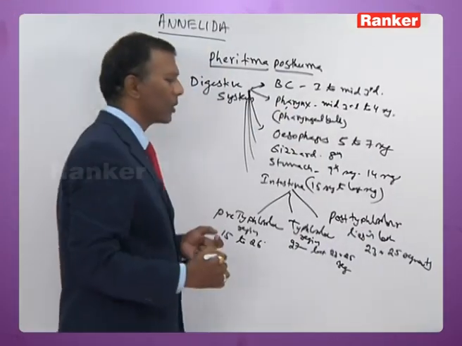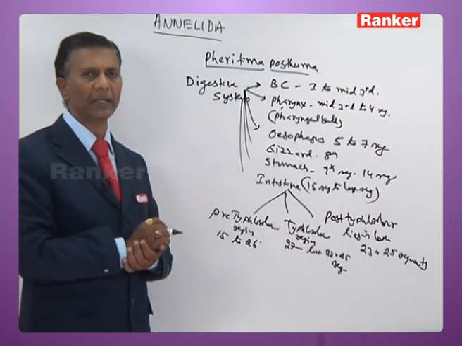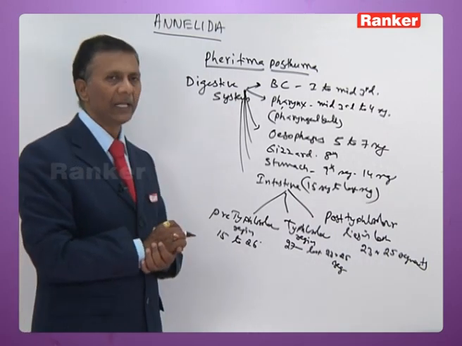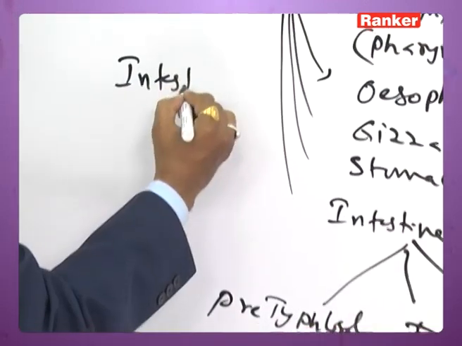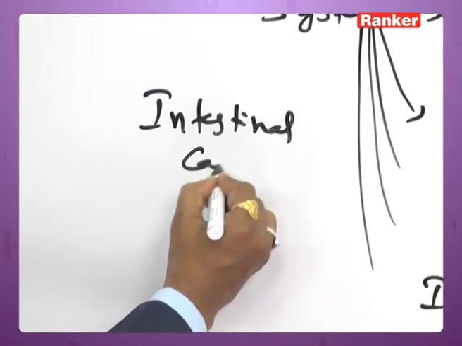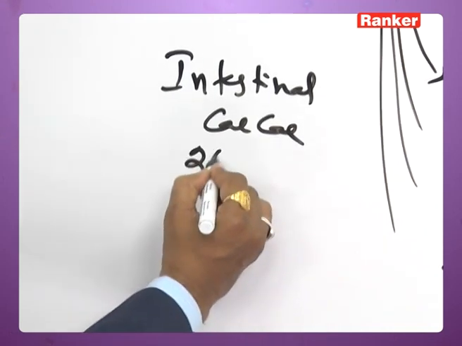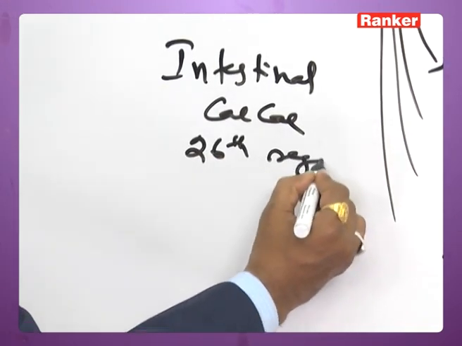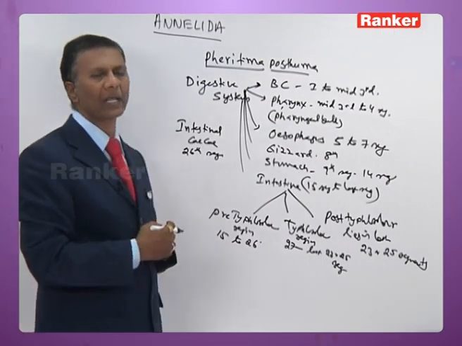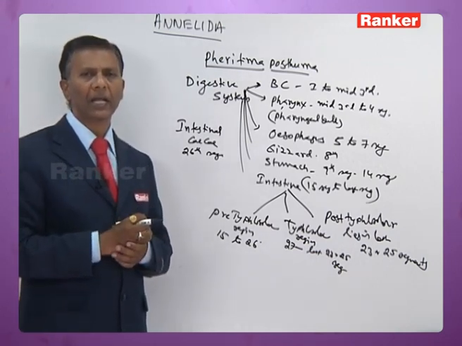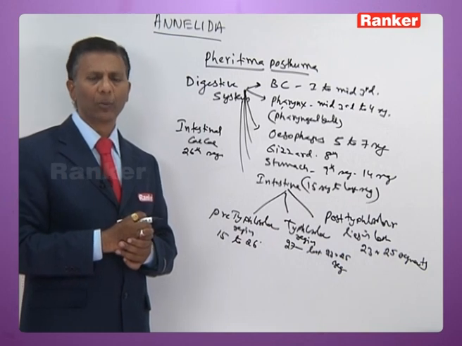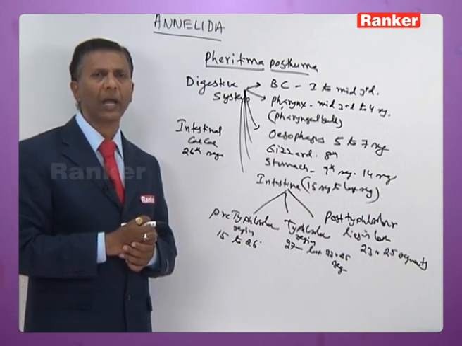Apart from this, a pair of intestinal caeca arise in the 26th segment. They are forwardly directed. They secrete amylase to bring about digestion of carbohydrates.